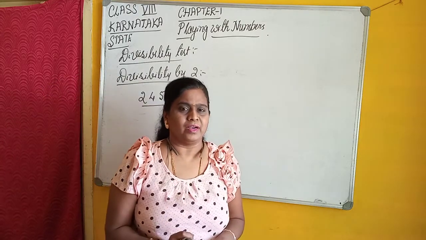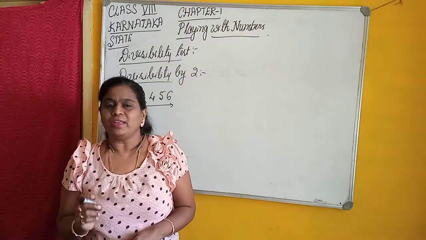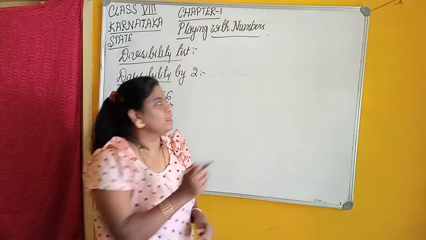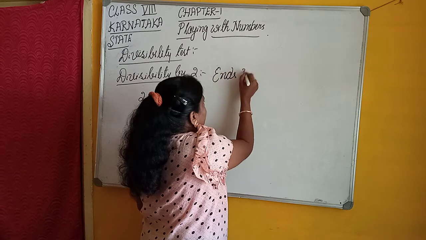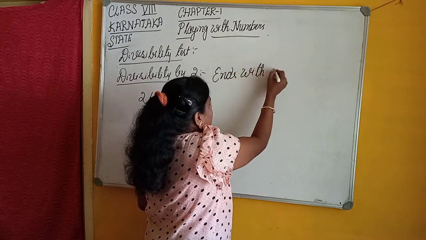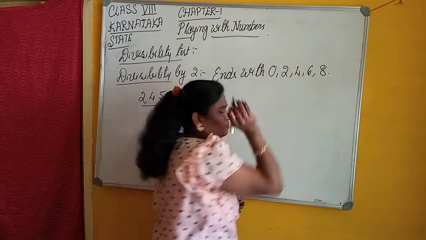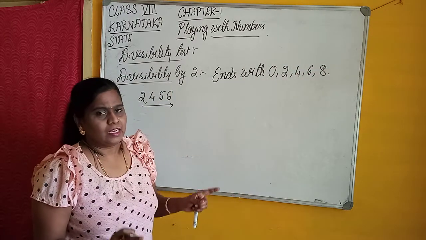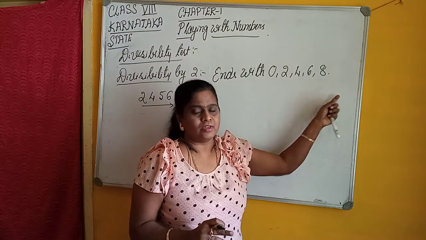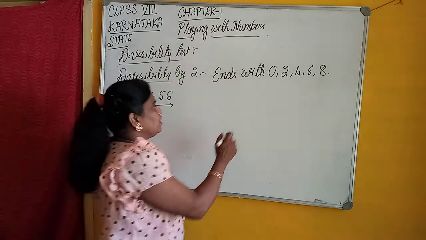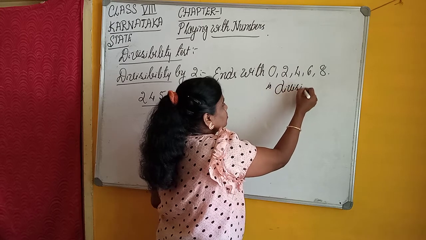There is a statement: a number is divisible by 2 if and only if it ends with 0, 2, 4, 6, 8. If any number ends with 0, 2, 4, 6, 8, it is divisible by 2.